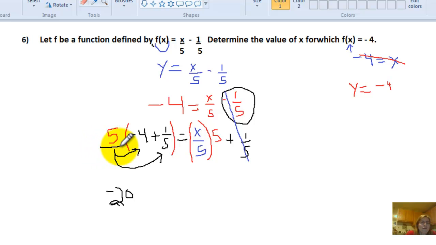And then 5 times the 1/5. Remember, this is 5 over 1. So 5 times the numerators is 5. 1 times 5 is 5. So we have 5 over 5 plus 5 over 5. And then we have equals here.